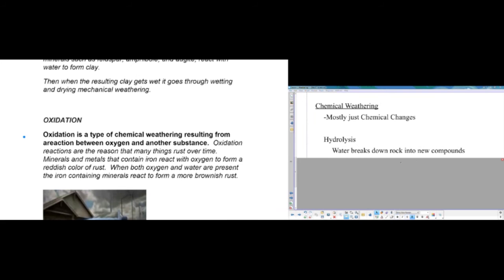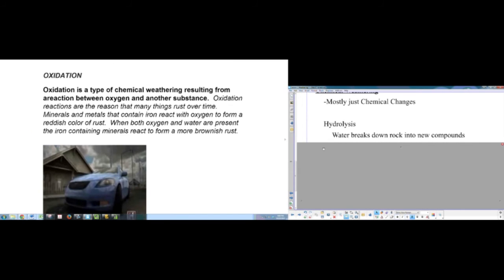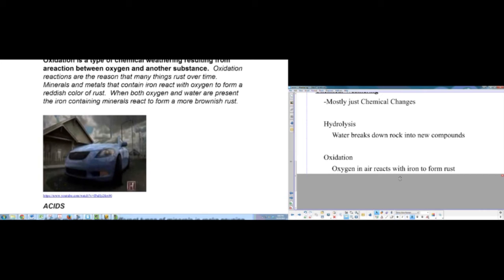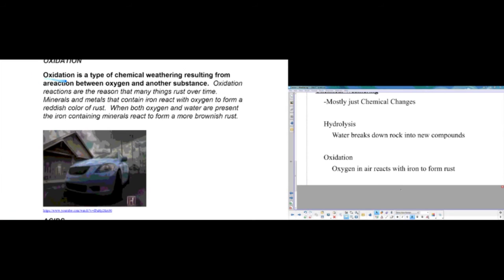The second chemical weathering is oxidation. Hopefully that's a word that sounds familiar. Oxygen in air reacts with iron to form rust. And what I have over here in the reading, oxidation is a type of chemical weathering resulting from a reaction between oxygen and other substances.